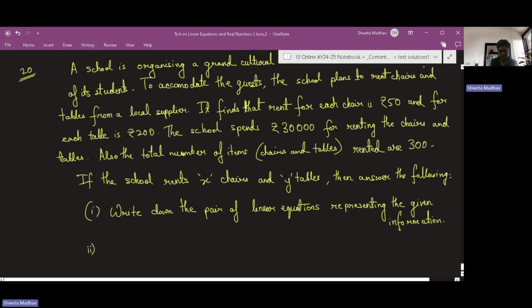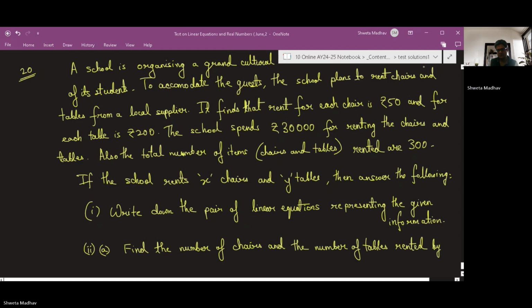Then the second part A, it is told to find the number of chairs and the number of tables rented by the school.